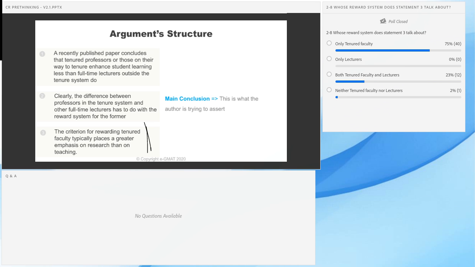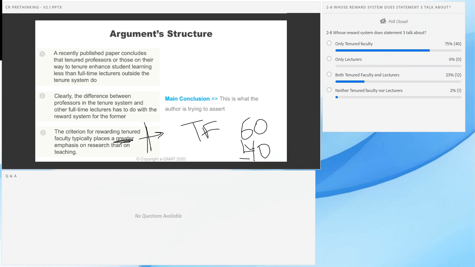Okay. When you look at statement number 3, it talks just about tenured faculty or professors. The criterion for rewarding tenured faculty typically places a greater, this is a comparative word, emphasis on research than on teaching. What this is saying is just for tenured faculty, TF, maybe there's a 60% emphasis on research and 40% on teaching.